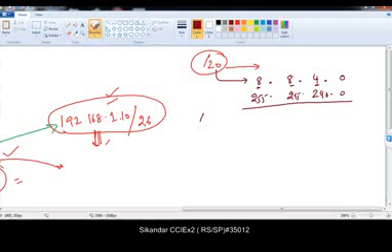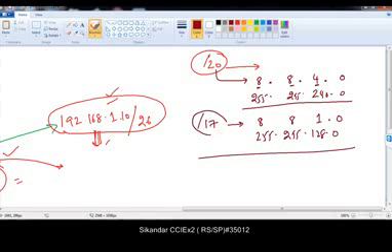Similarly, if I take one more example, /17. So /17 means 8 bits, 8 bits, 8 plus 8, 16, 16 plus 1 bit, and then 0. So if you add 8 bits, 1 bit means 128.0. So whenever I write /17, you have to understand this is the equivalent subnet mask.